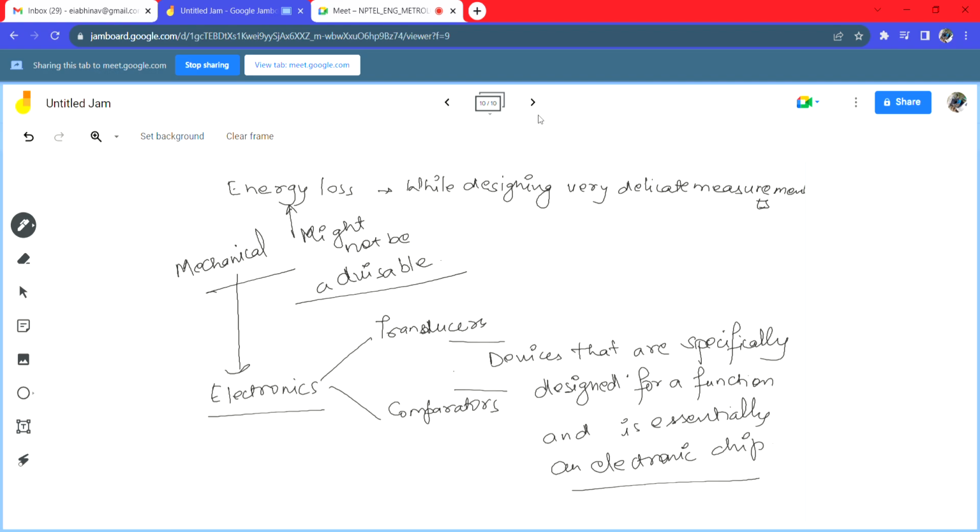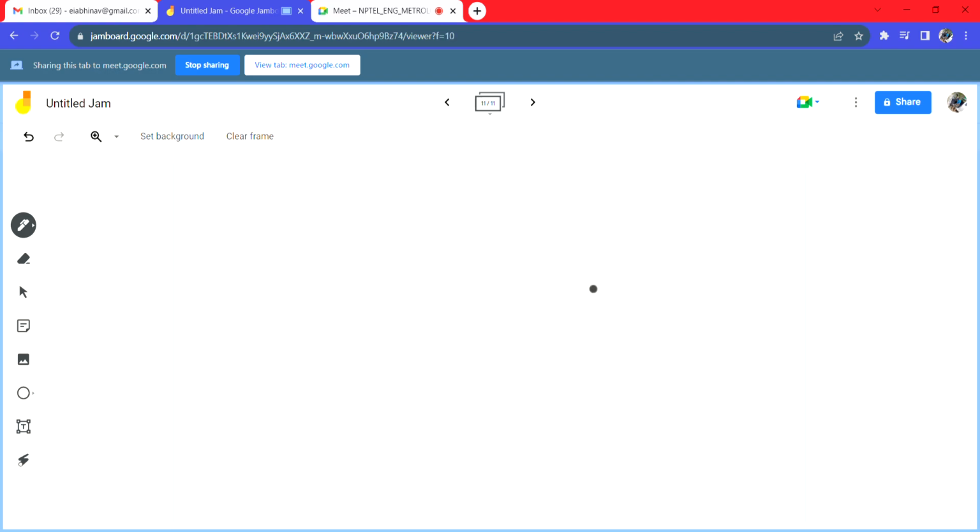Now let us go in depth to understand this with the help of an example. And before we go on to an example, let us see a measurement system block diagram. And this measurement system is essentially electronic in nature.